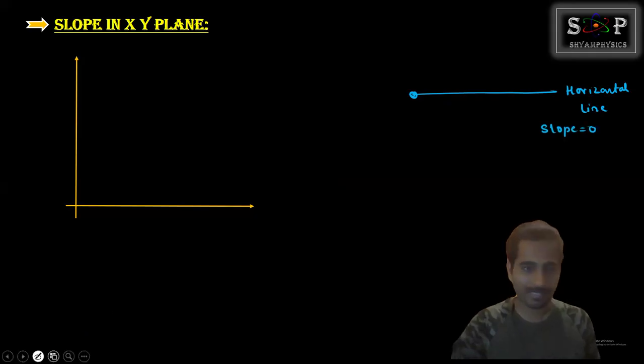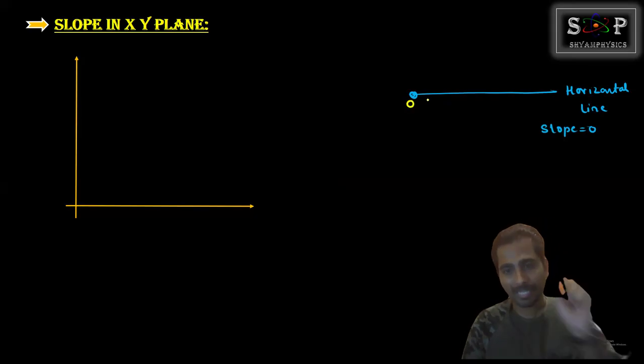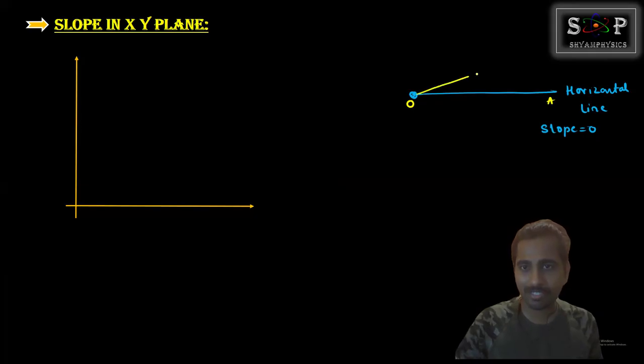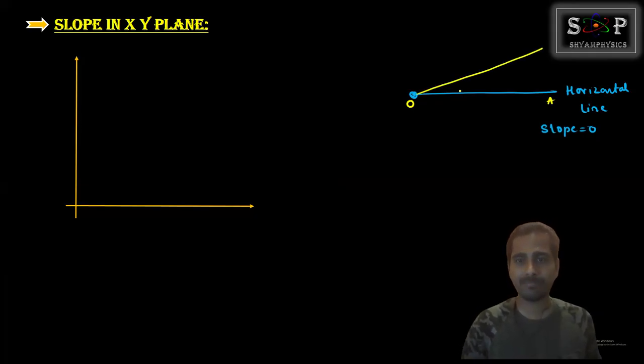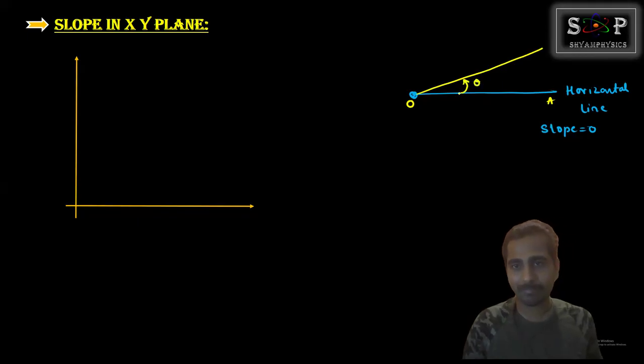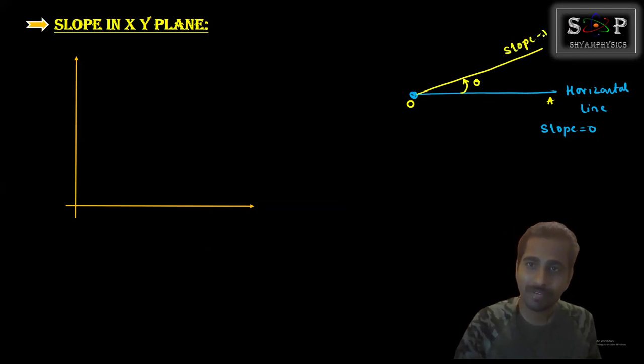No slope exists. If I keep this point O fixed and raise this point A in the upward direction, it will come like this, inclined by an angle of theta. Now it has a slope. I will call this slope 1.